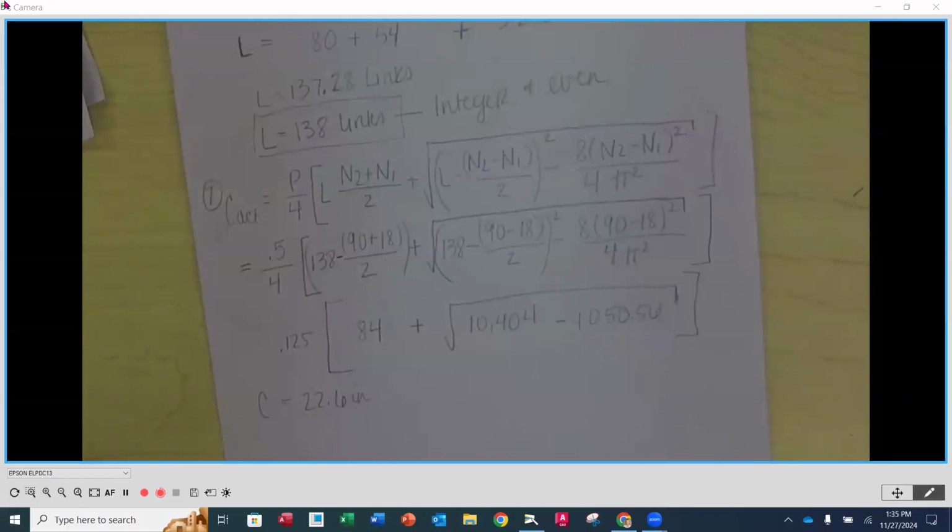Let me know what you guys get, if you're about the same. The book gets 20.187. I'm getting 22.6.